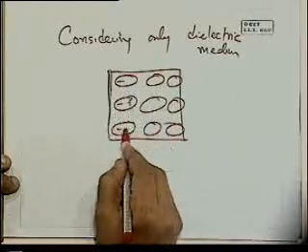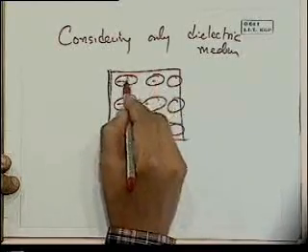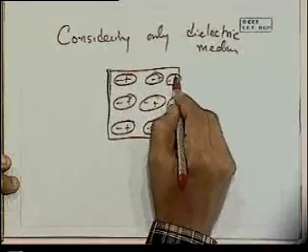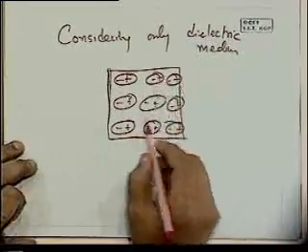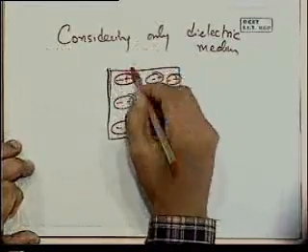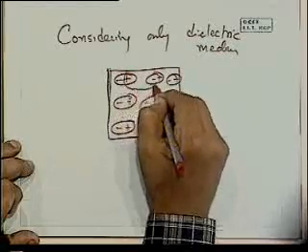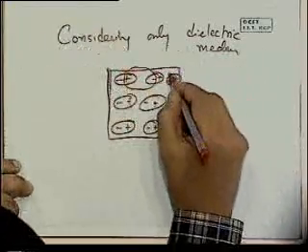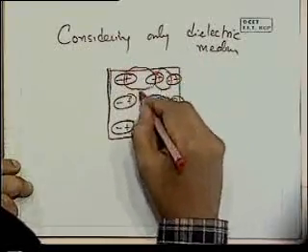Minus, minus, plus, and so on. When we look at this material closely, in the interior, this and this neutralize each other. There's a positive and a negative out there. This and this neutralize each other, and so on.